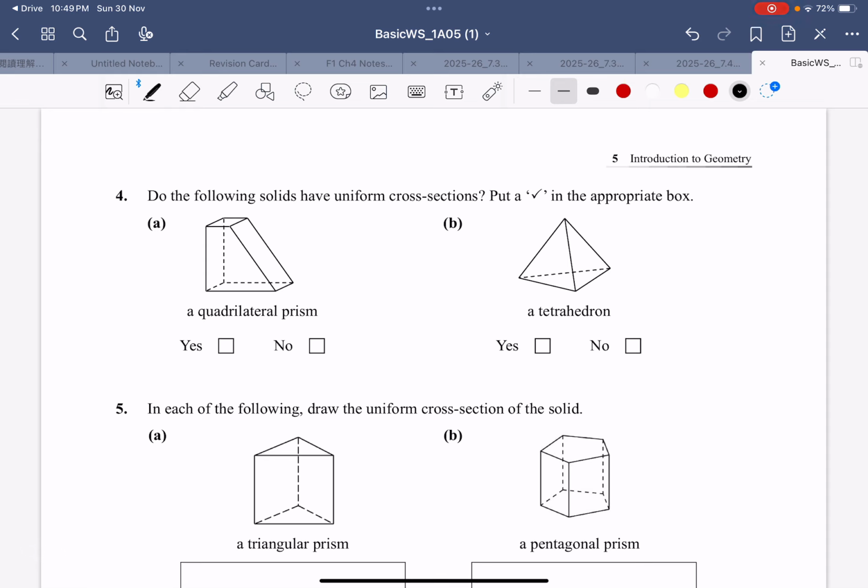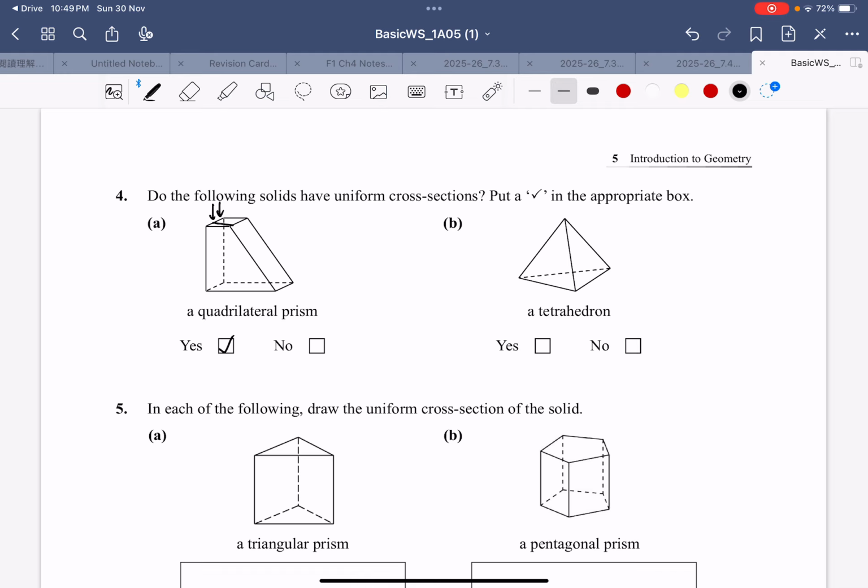Do the following solids have uniform cross section? Put a tick. So if you have a knife, cut it. If you cut it here, you will have a trapezium. So this is yes. If you cut it here, you again obtain the same cross section.